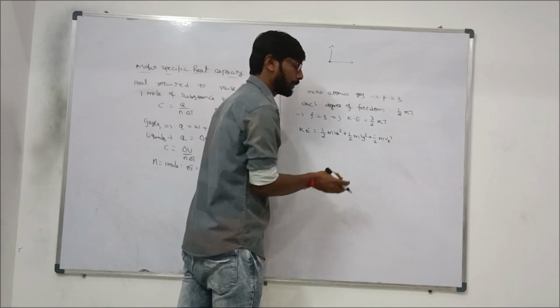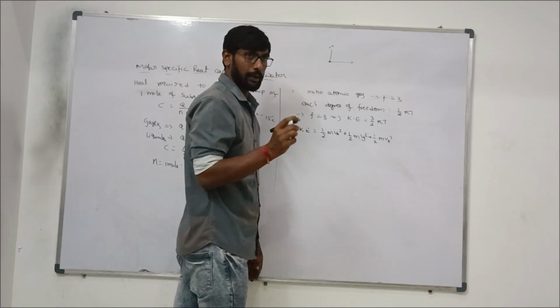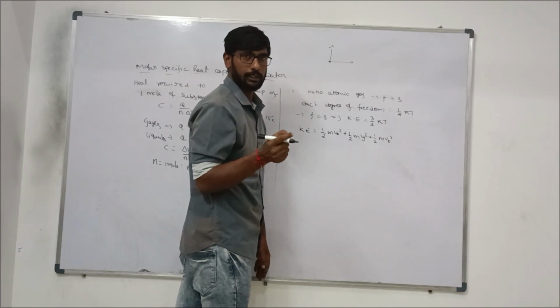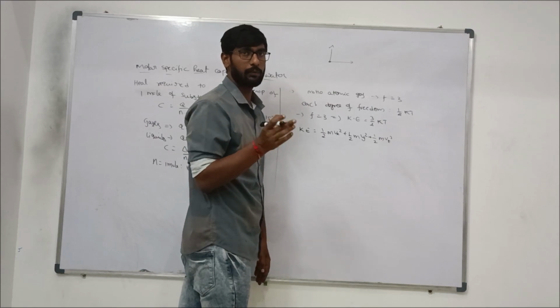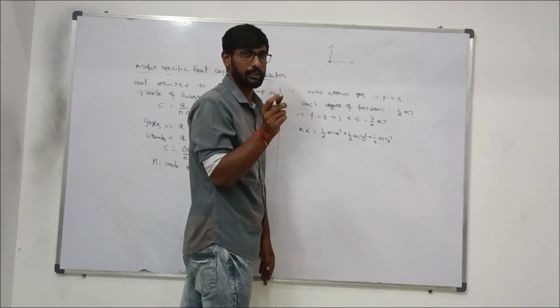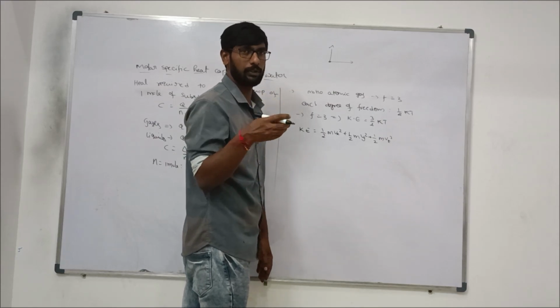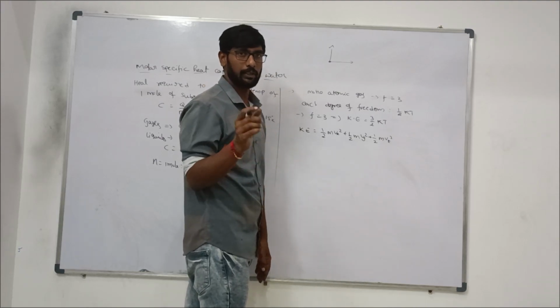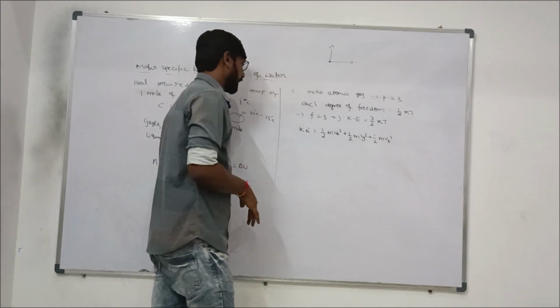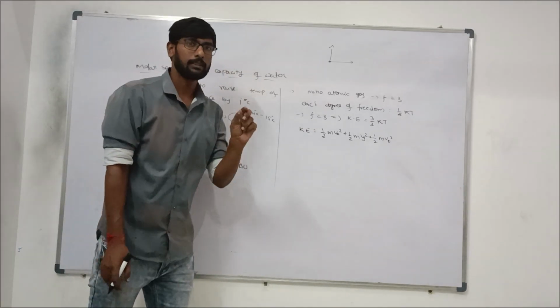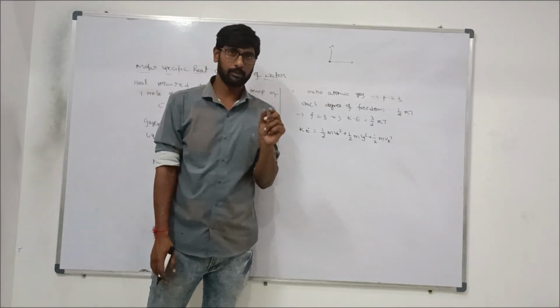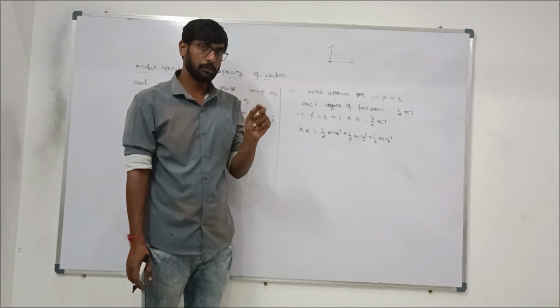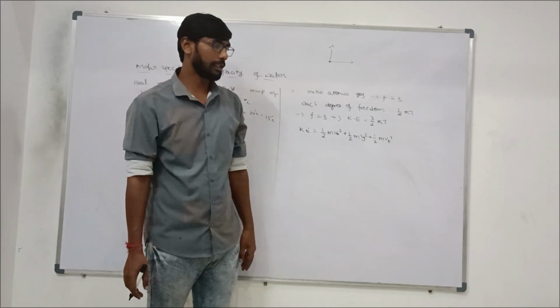So there will be three terms. But vibrational kinetic energy we cannot consider in case of gas particles because they are not fixed. At room temperature they will not oscillate. If you give energy, they will move and the kinetic energy will increase, but they will not vibrate. But in case of liquids or solids, the atoms are fixed, so we should consider the vibrational kinetic energy also.